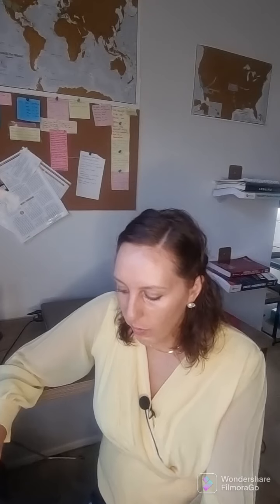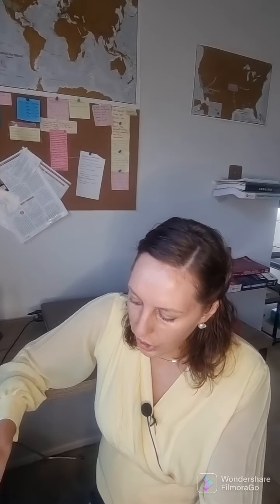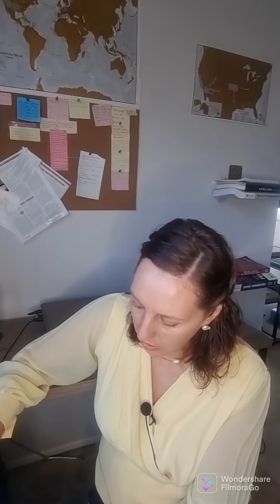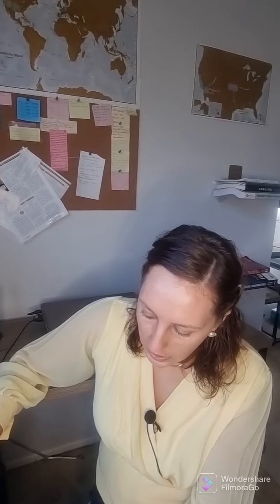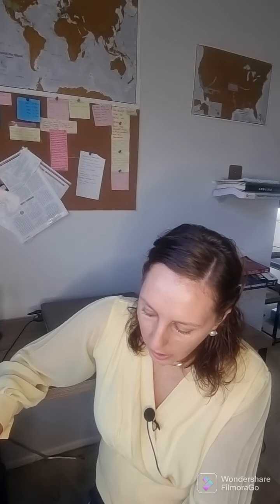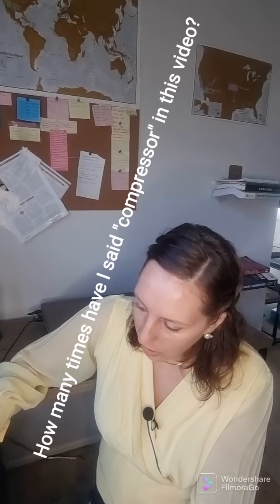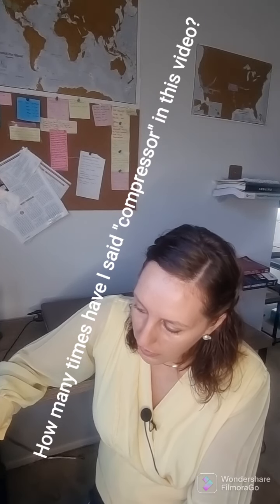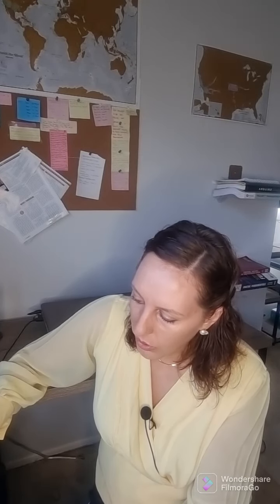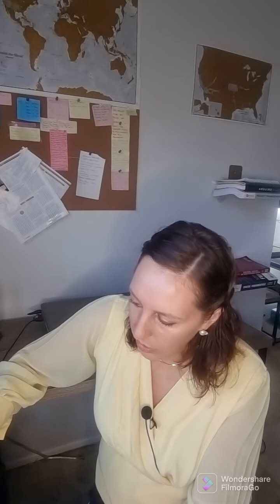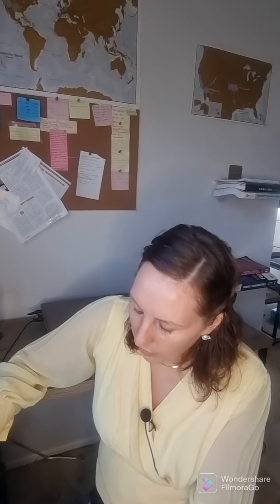Question: a gas turbine engine comprises which three main sections? Answer: turbine, compressor, and combustion. Question: what type of turbine blade is most commonly used in aircraft jet engines? Answer: impulse reaction.